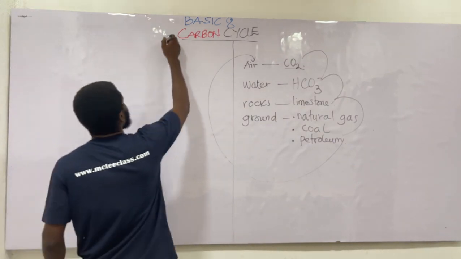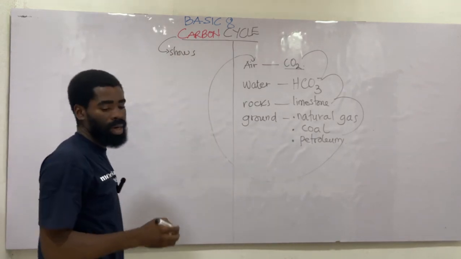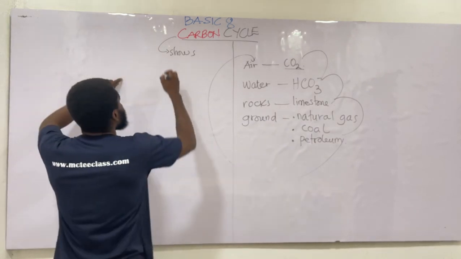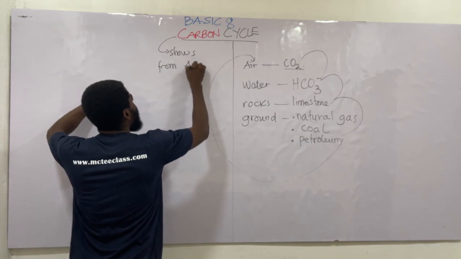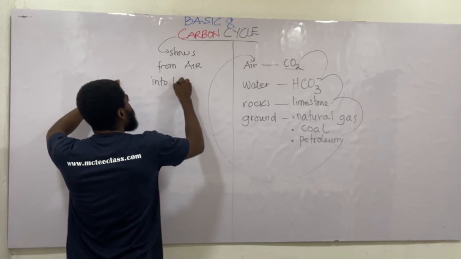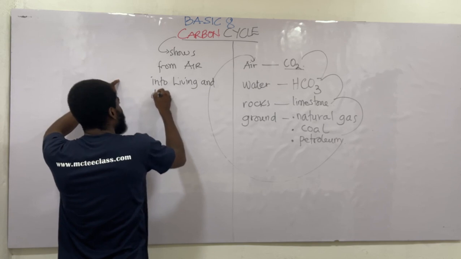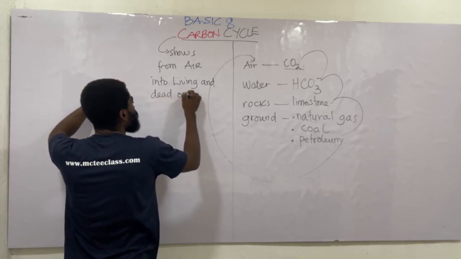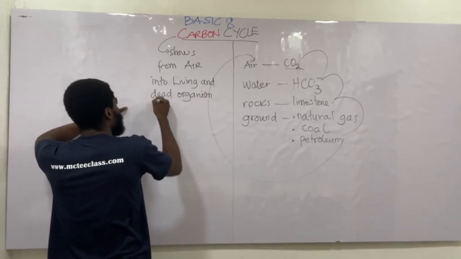So the carbon cycle shows how carbon moves from the air or atmosphere into living and dead organisms, into the soil.